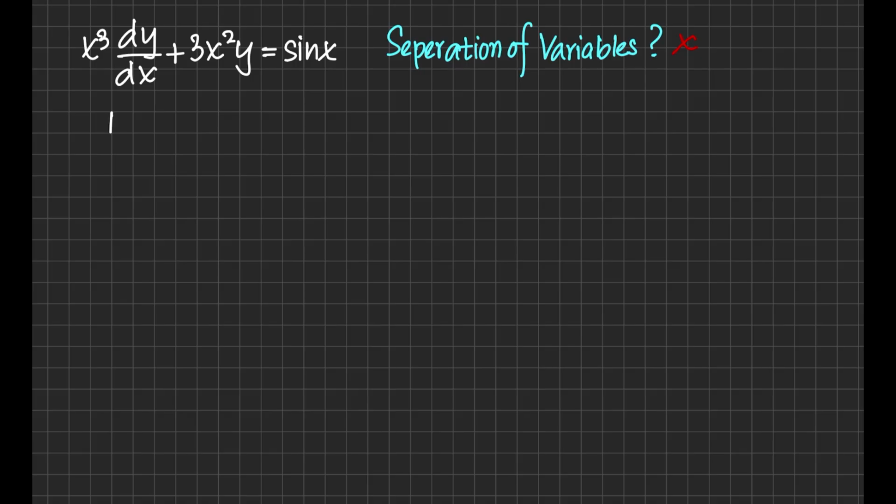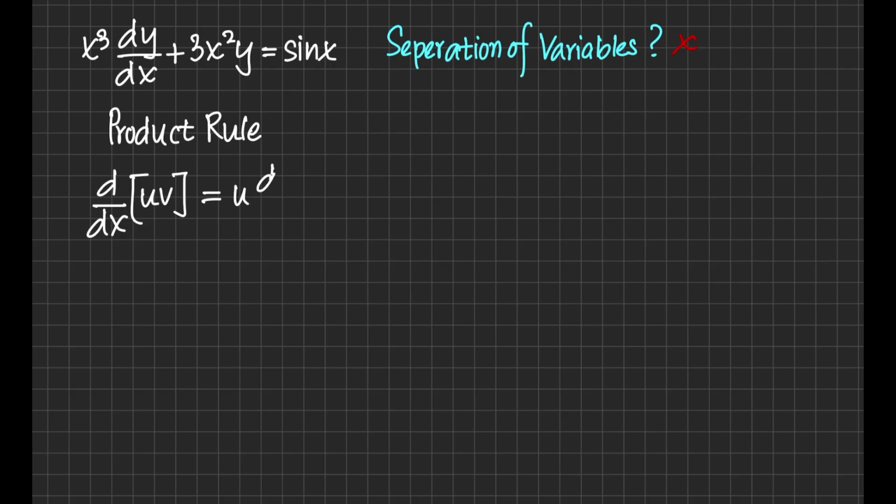We can use the product rule, where if we have an equation with two terms, u and v, and we try to differentiate them, the final answer will be u dv over dx plus v du over dx.